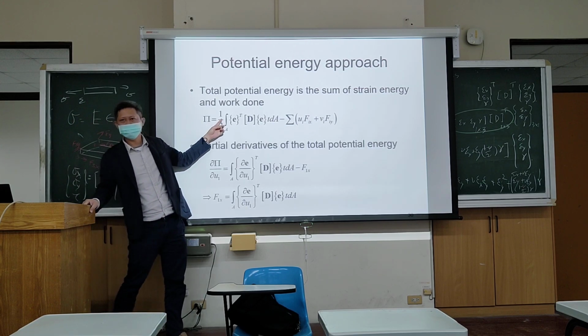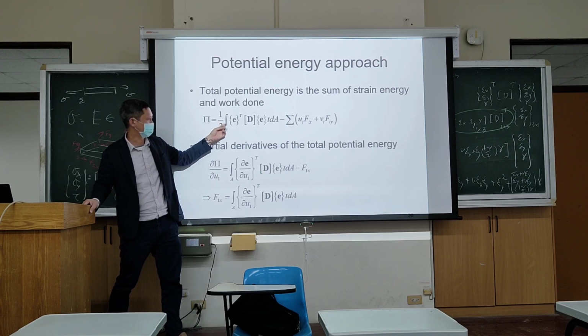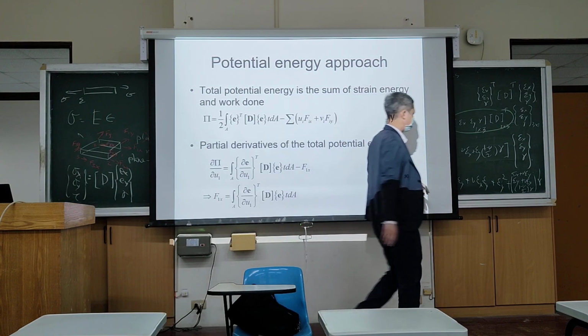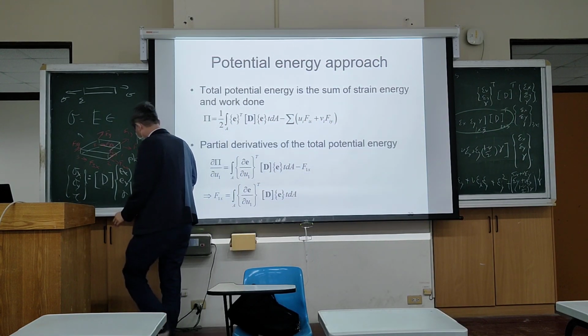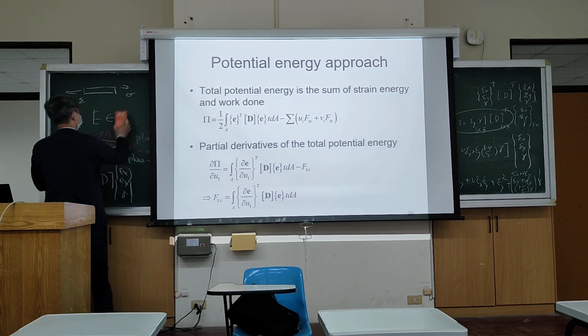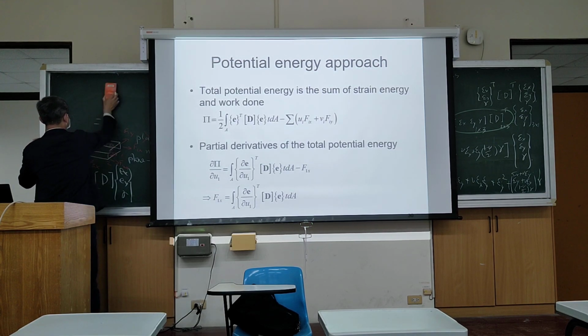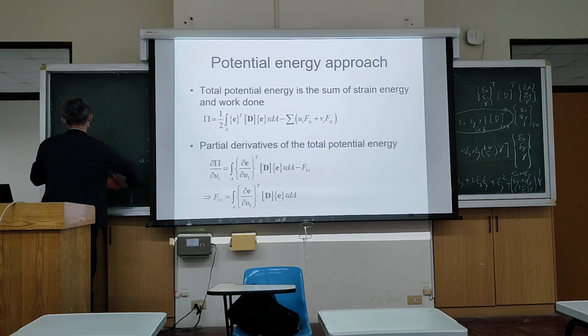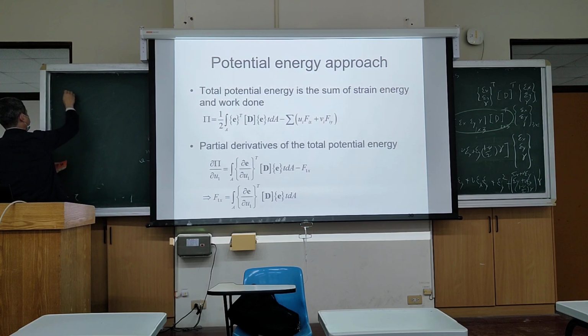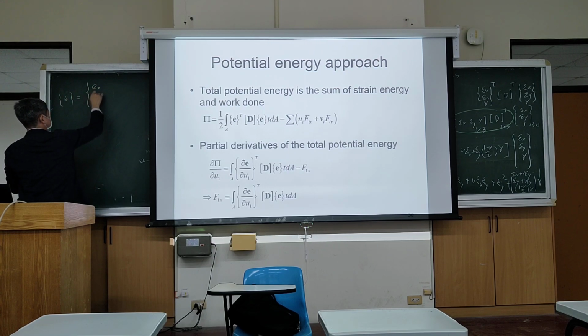First, I differentiate my E. So let's come back and see what is my strain. You can recall your strain vector. This can be expressed as epsilon x, epsilon y and gamma.